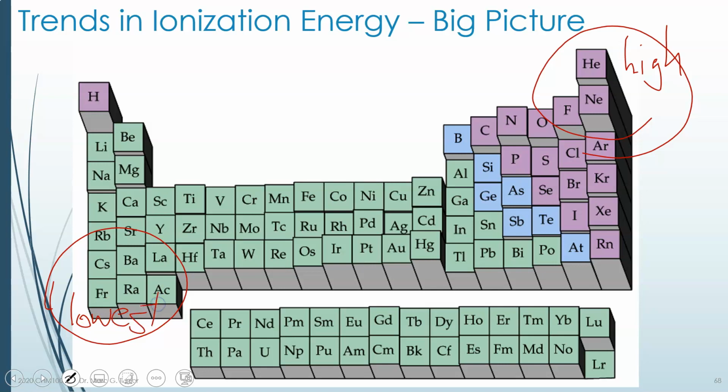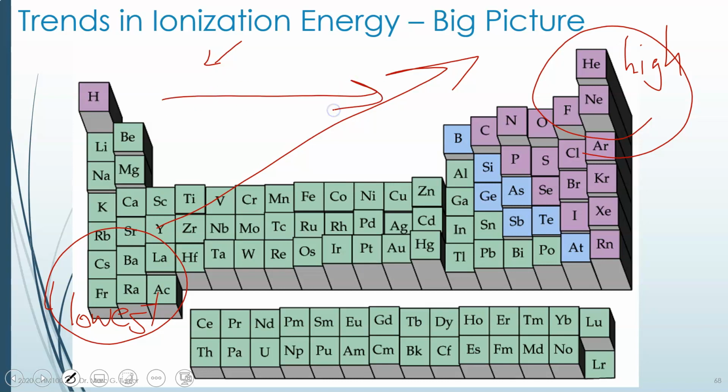So it's exactly the opposite trend that you saw with the atomic radius, where the diagonal went in that direction. And this is because in terms of ionization energies, they get harder as you go to the right, they get harder as you get smaller. And when you add this arrow to this arrow, you end up getting this trend overall.